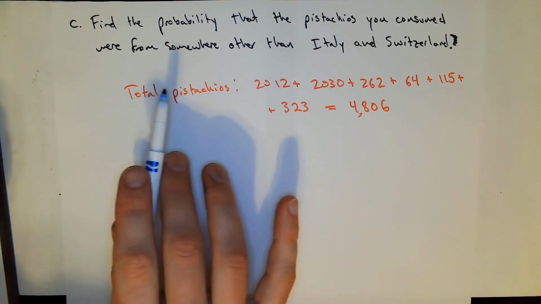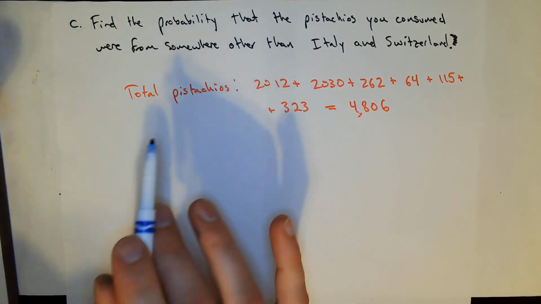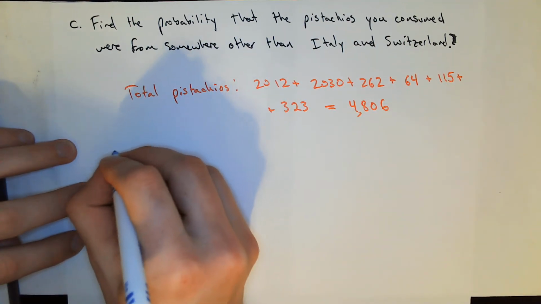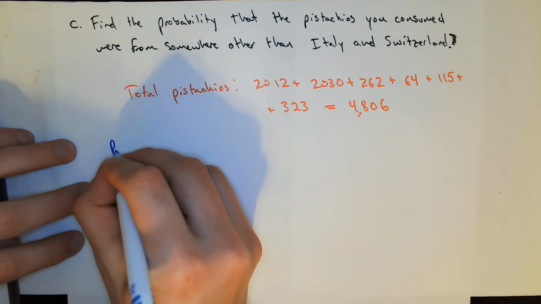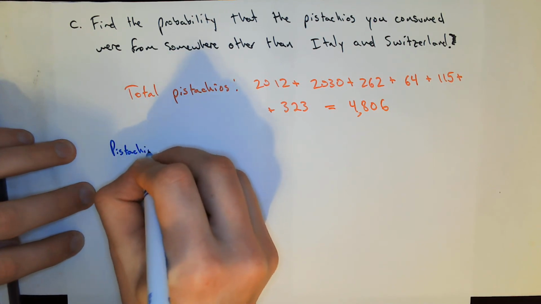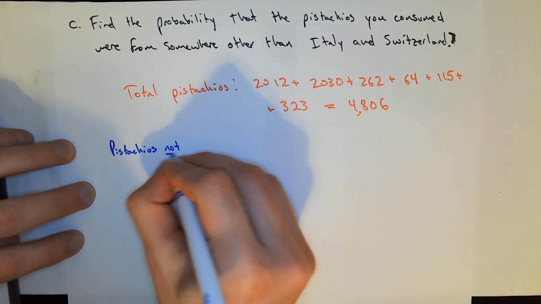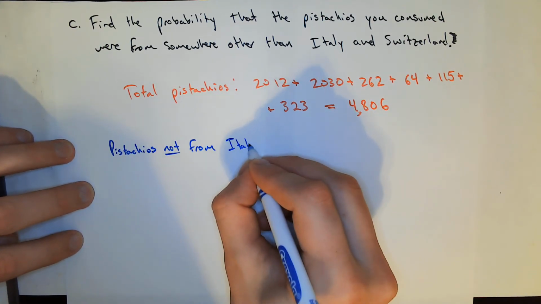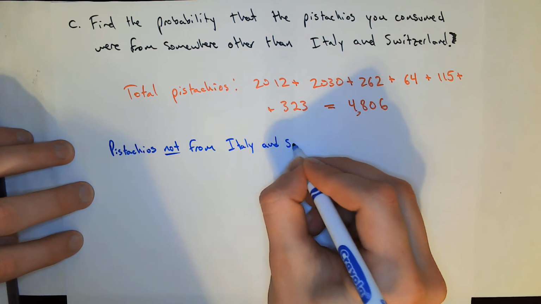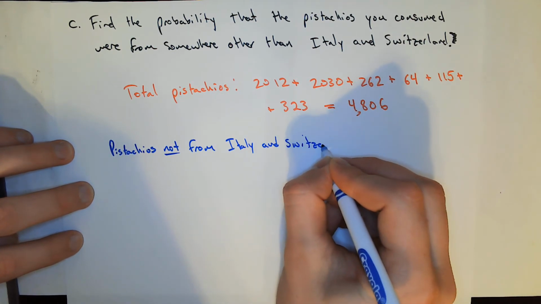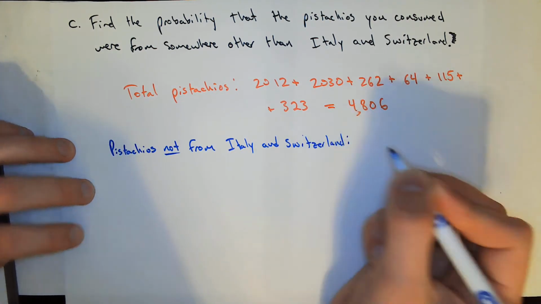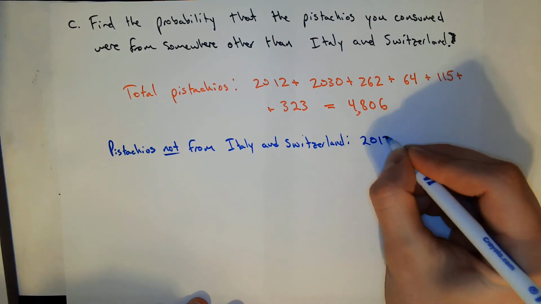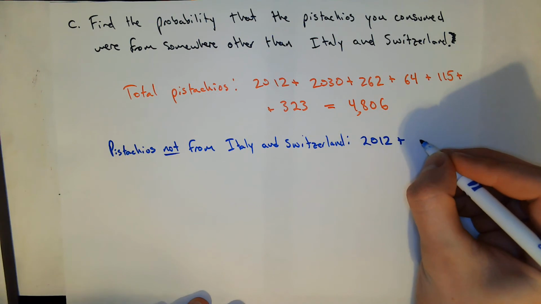Now, what about my numerator for the probability? How many ways are there to get pistachios? In other words, how many pounds came from places other than Italy or Switzerland? So that would be from Iran and Hong Kong. No, sorry, I skipped Turkey.